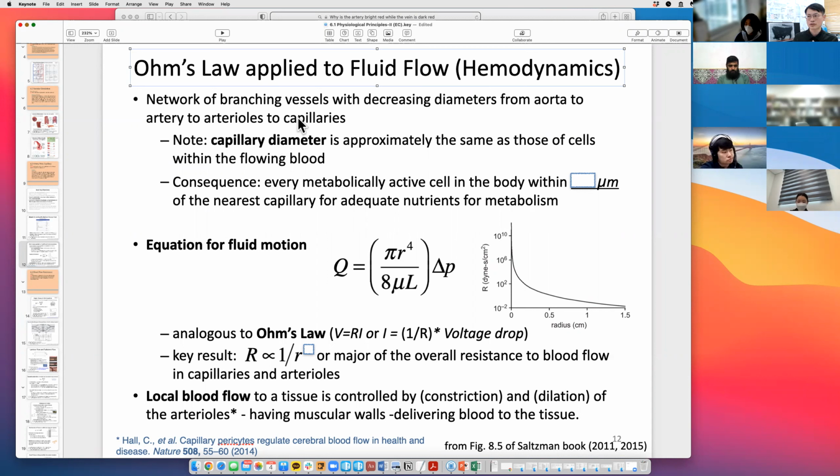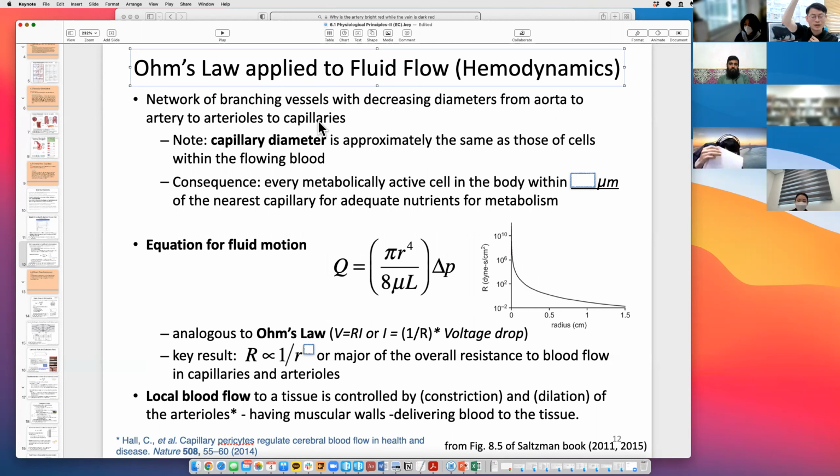And the consequence of a branching vessel network: because it branches out, the vessels get smaller and smaller in diameter, from the thickest aorta, which could be over 2 to 3 centimeters in diameter, to arteries, down to arterioles and down to capillaries. So the important question to ask is, how close do our body cells have to be to a capillary?